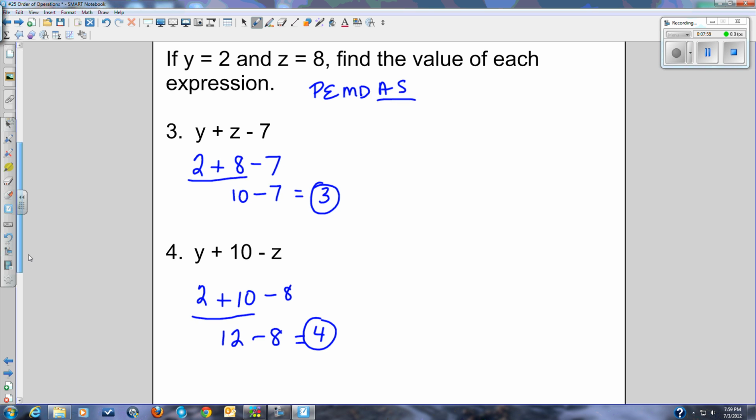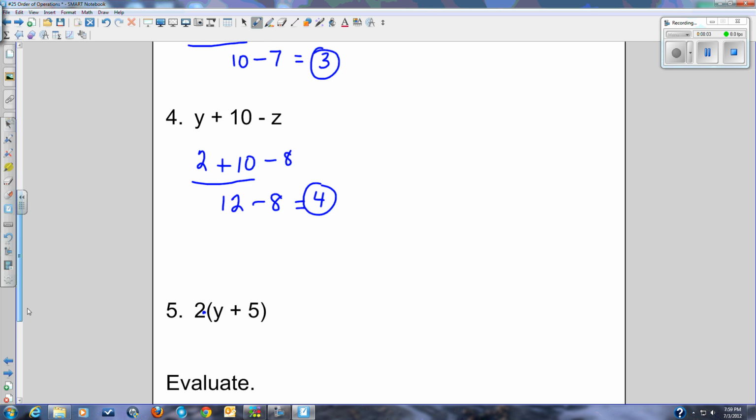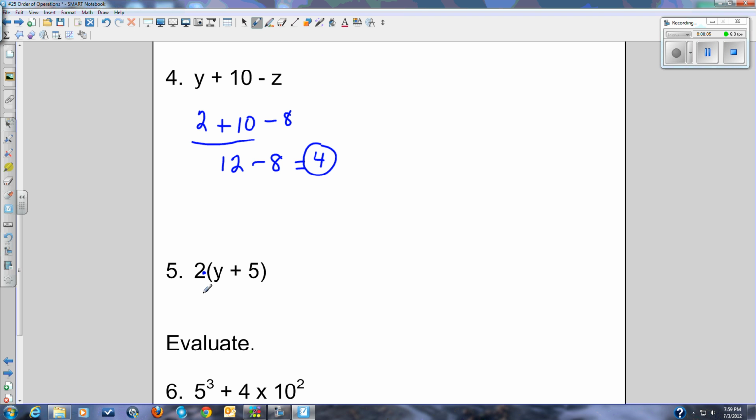So, in this case, y is 2, scrolling back up to the top, so let's substitute. We have 2 times 2 plus 5. Now, according to PEMDAS, we have to do what's in parentheses first. So in the parentheses, we have 2 plus 5, which is 7. So that means we're going to say 2 times 7, which gives us 14.